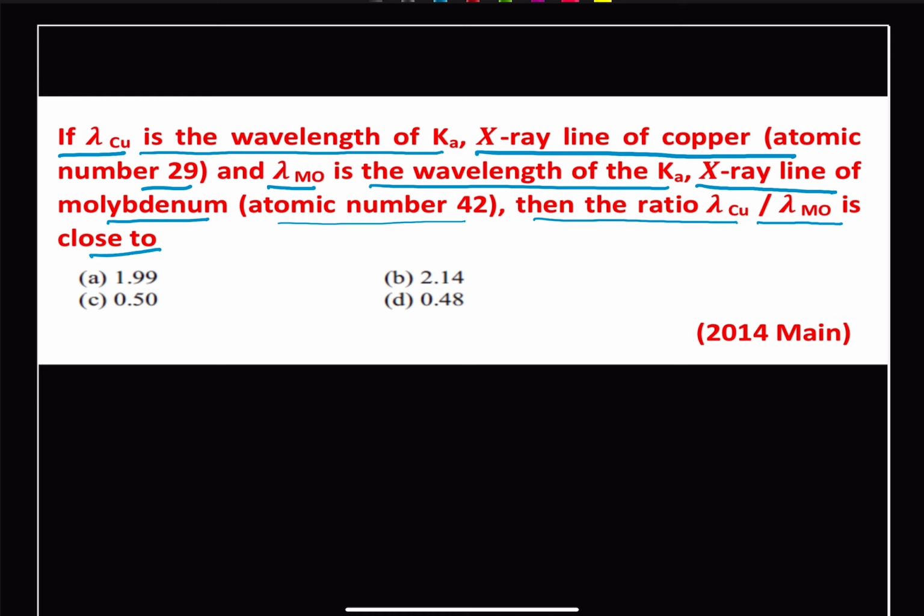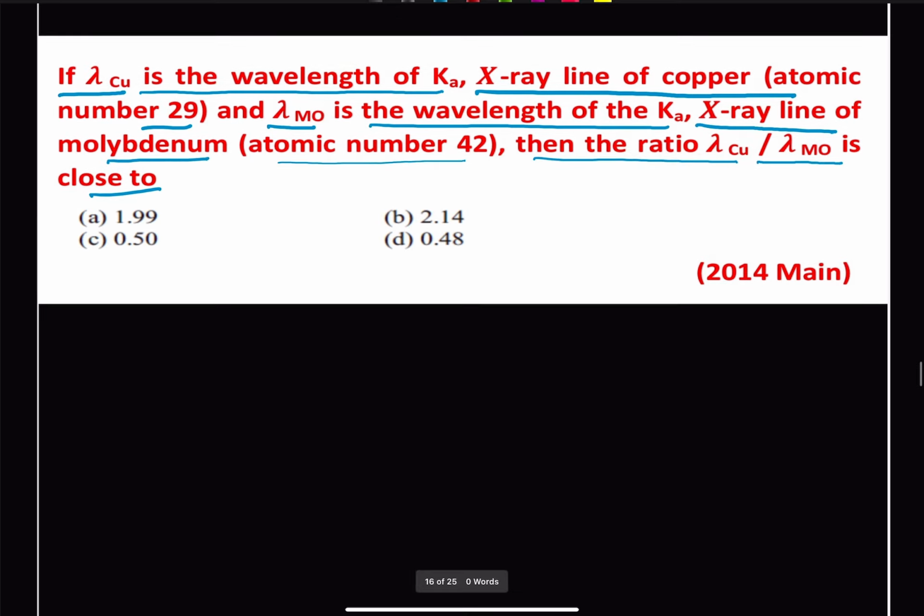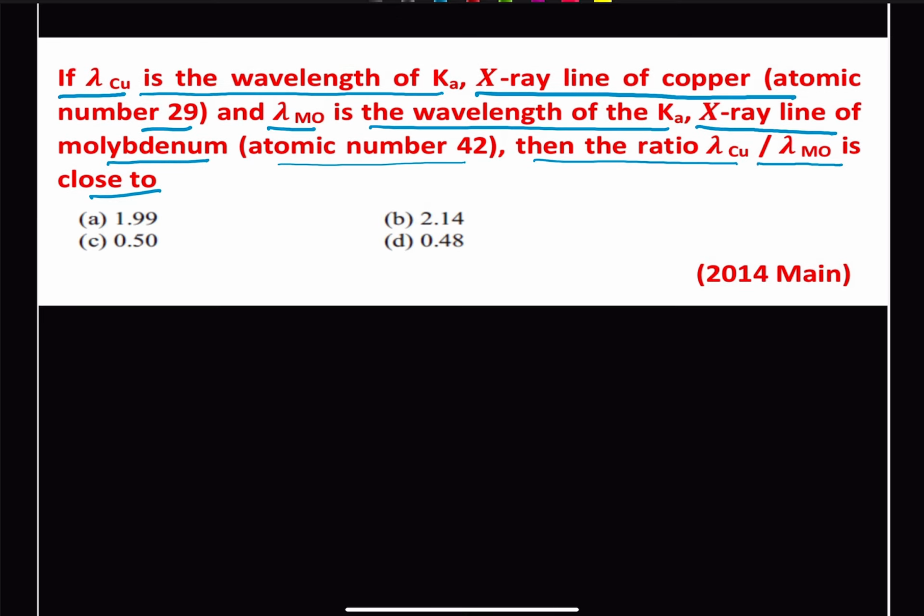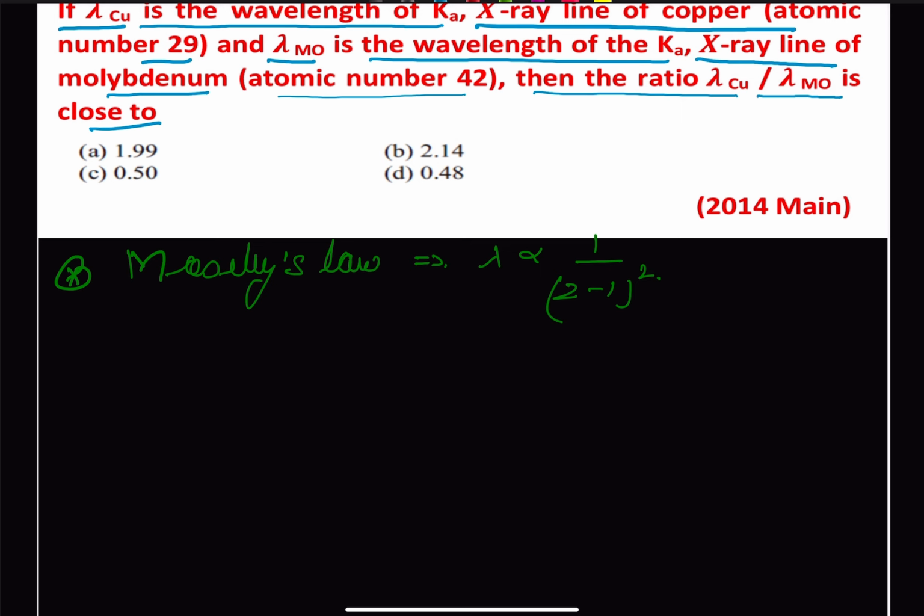So here we are going to use Moseley's law, and this gives us that lambda is proportional to (Z minus 1) whole square. So we can reformulate this Moseley's law equation according to the two elements, or two wavelengths, and directly write their ratio.